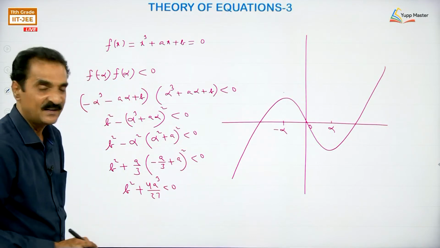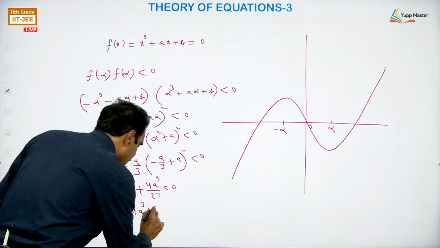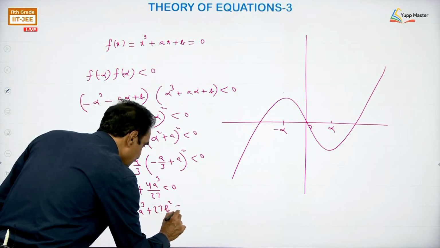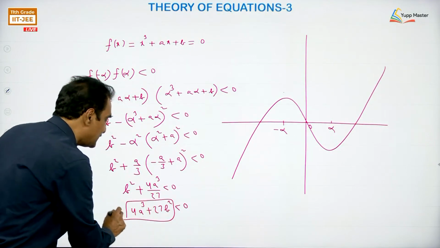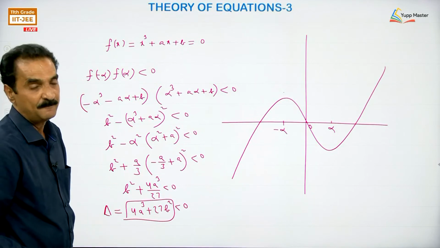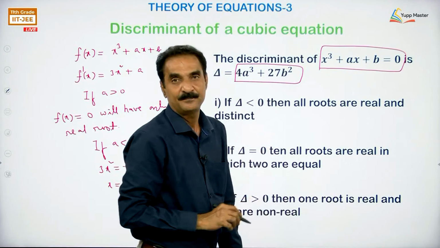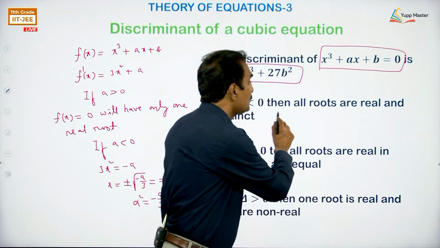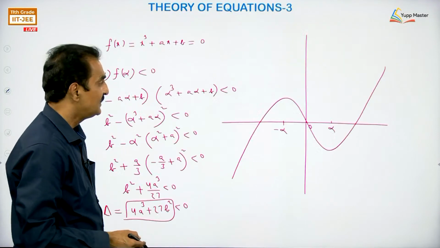Multiplying by 27, we get 4a cube plus 27b square less than 0. And this 4a cube plus 27b square is called the discriminant, denoted by delta. So, if delta is less than 0, then all roots are real and distinct, because the graph will be like this.